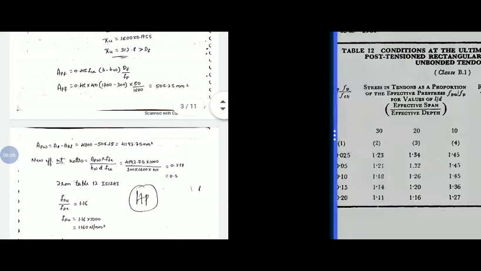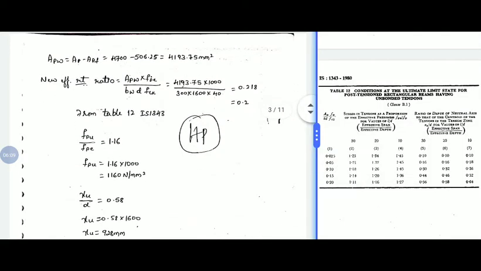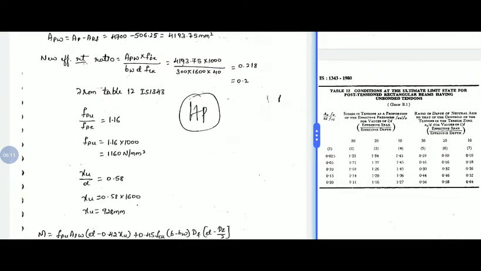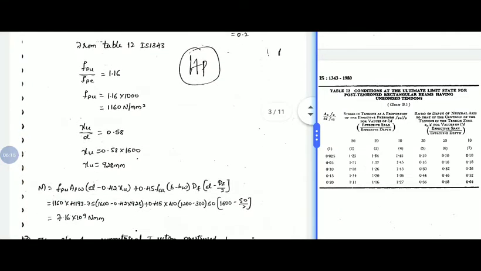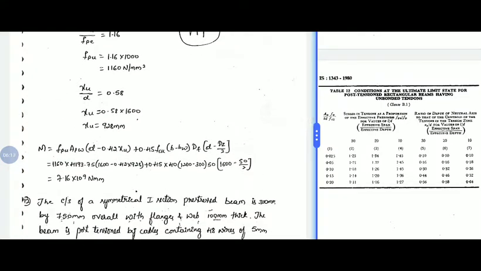By considering these two values, we can find out FPU and XU values. Then considering the moment equation and substituting all the values, we can calculate the ultimate flexural strength of the member, that is 7.16 into 10 power 9 Newton mm.